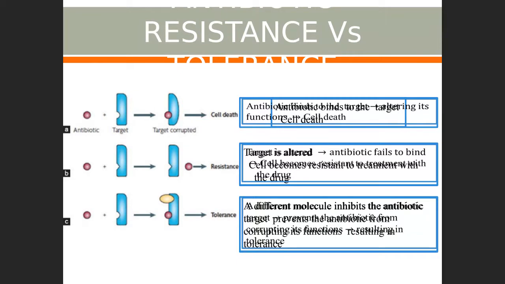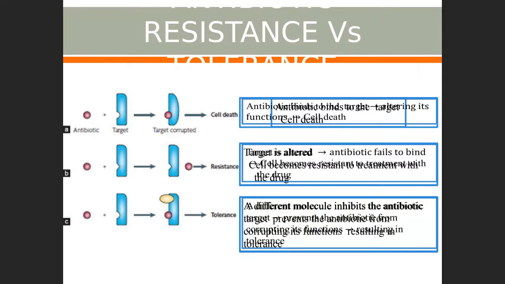Now, what is happening when resistance is developed? In resistance, the antibiotic is trying to bind to the target, but the target is not getting corrupted. That means the bacteria is becoming resistant to the antibiotic.